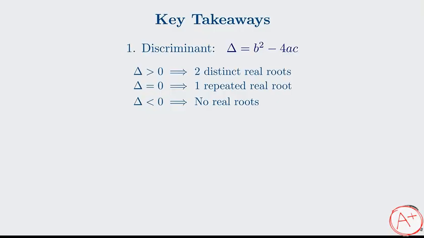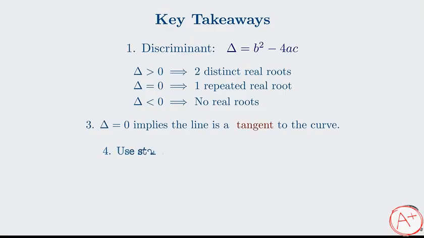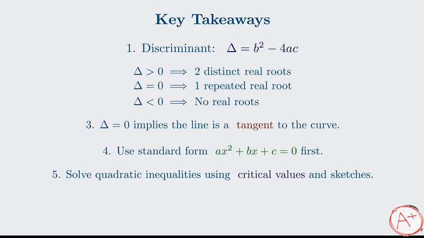Third, graphically, delta = 0 indicates that the line or x-axis is a tangent to the curve, touching it at exactly 1 point. Fourth, when solving for constants, always rearrange your equation into the standard quadratic form before identifying a, b, and c. Finally, remember that quadratic inequalities, often arising from delta greater than or less than 0, require finding critical values and identifying the correct range. Often best visualized with a quick sketch.